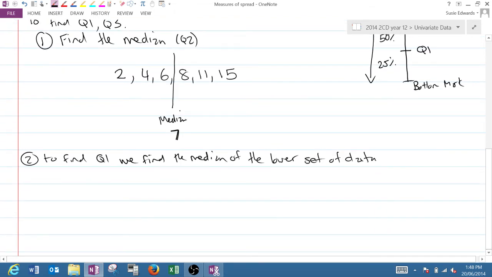So 2, 4 and 6. What's the median of 2, 4 and 6? 4. Okay, so it's in the middle. Q1 equals 4.